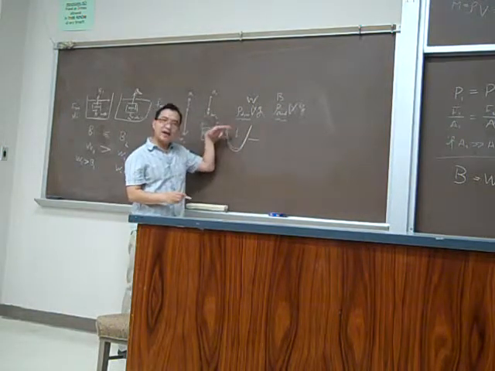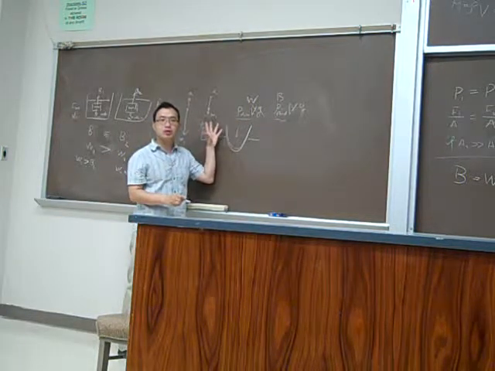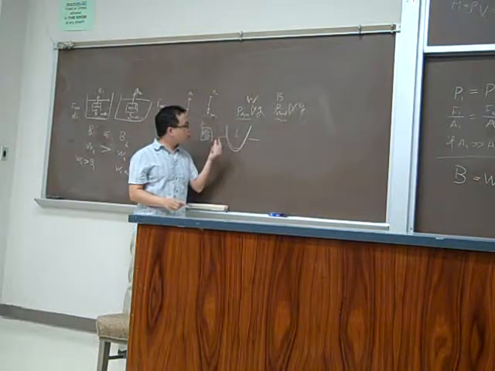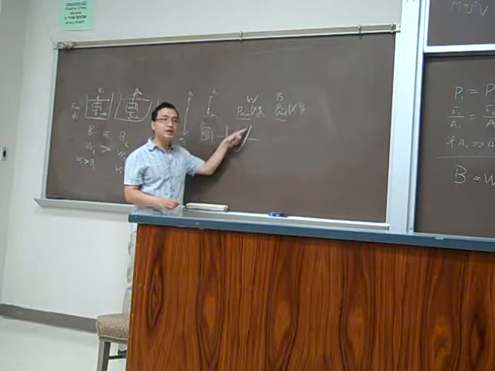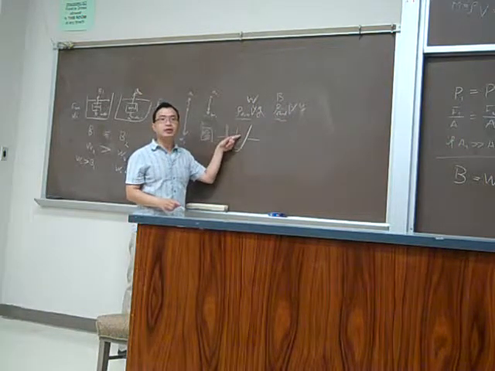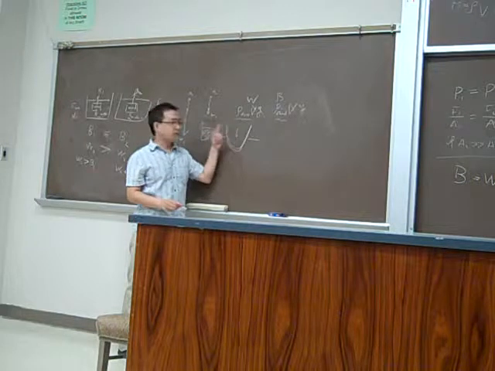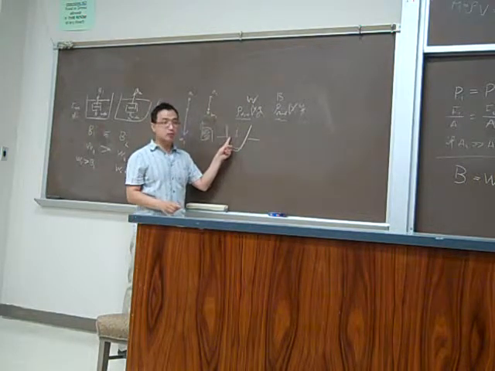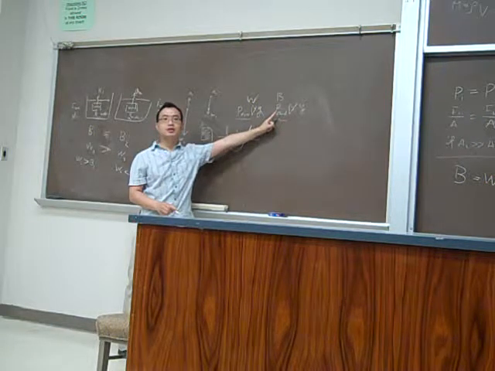We need to consider the average density of the boat. In this case, it should be averaged from the density of the steel and the density of the air. The density of the air is small, right? So it's possible the average density of the boat is smaller than the fluid density.